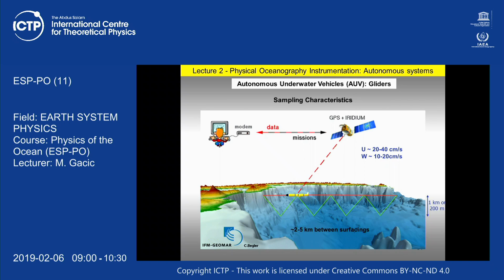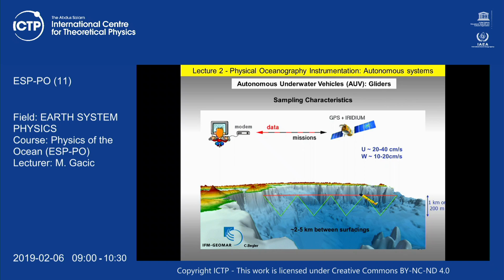Horizontal speed is 20 to 40 centimeters per second, while the vertical is 10 to 20 centimeters per second. So it's pretty fast. It takes about 3-4 days to cross the entire Adriatic. These are the sampling characteristics, and then you decide what kind of sensors you put on it: temperature, obviously.